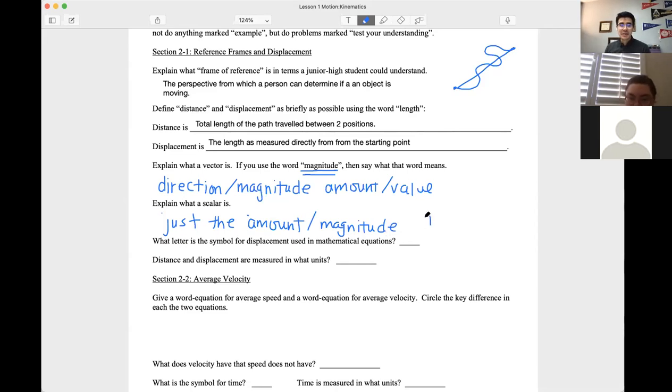So time would be a scalar, and weight is a vector. What are some other concepts that could be scalars or vectors? Like you mentioned before, force is also a vector. Let me write that, but it won't let me write off the edge of the page. Okay. Other quantities or concepts that you know of that are either scalars or vectors?